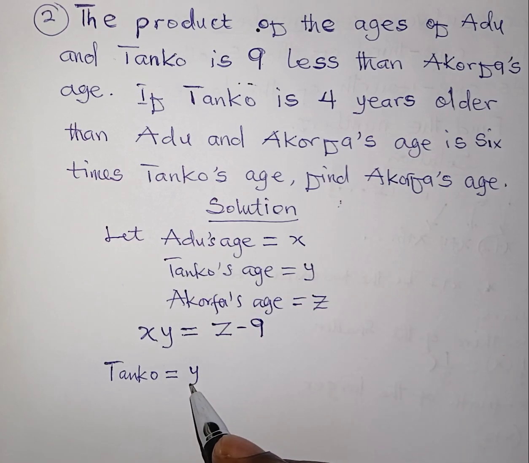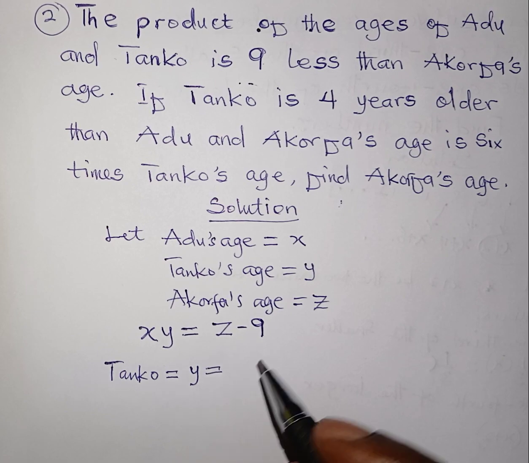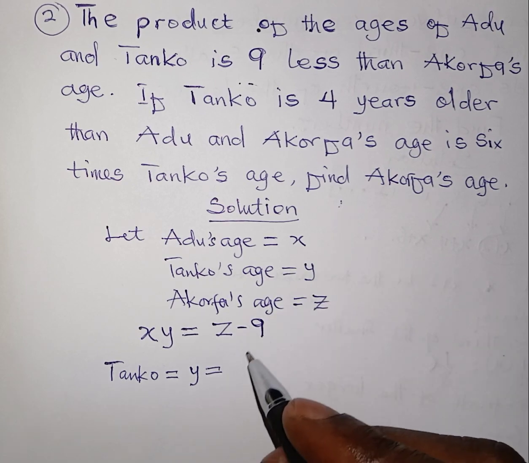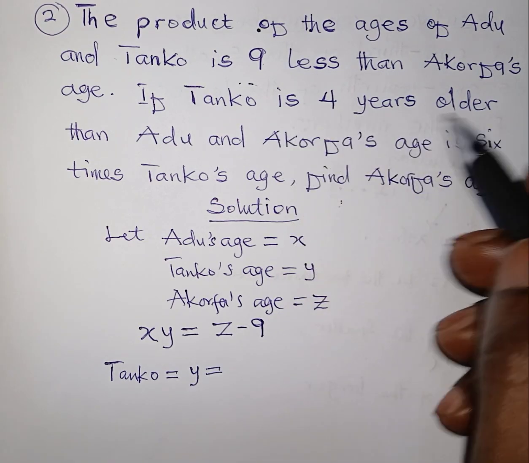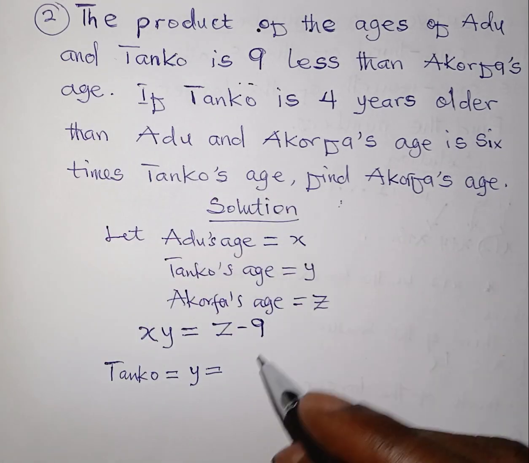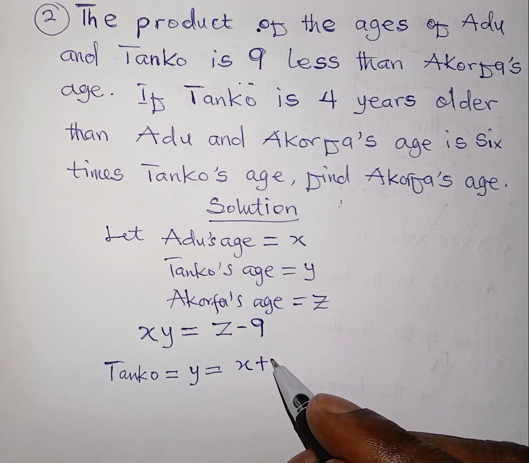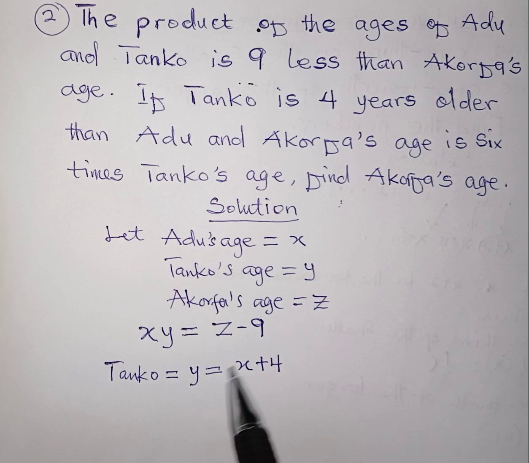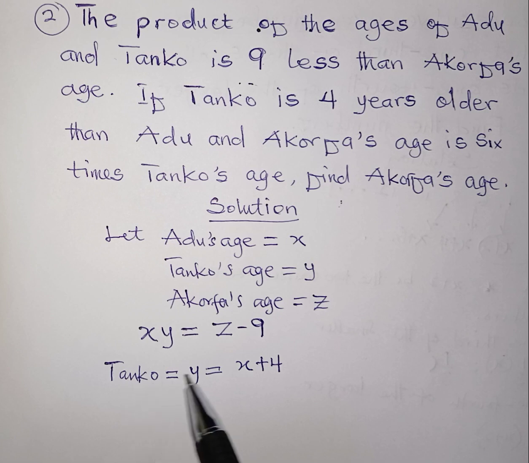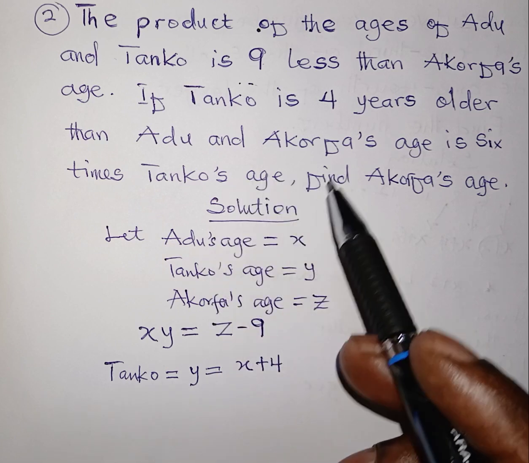Good. So if Edu is X, then Tanko, who is Y years, is equal to what? Is 4 years older than Edu, and this is Edu's age, which is X plus 4. So this is Tanko's age, because we are saying Tanko is 4 years older.